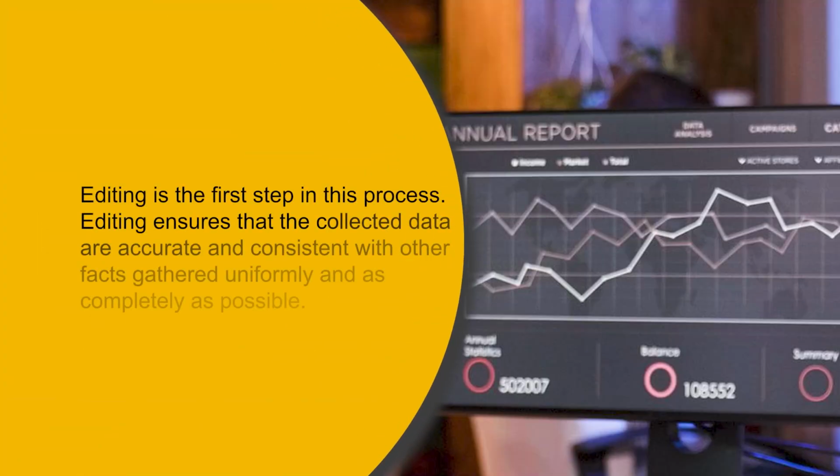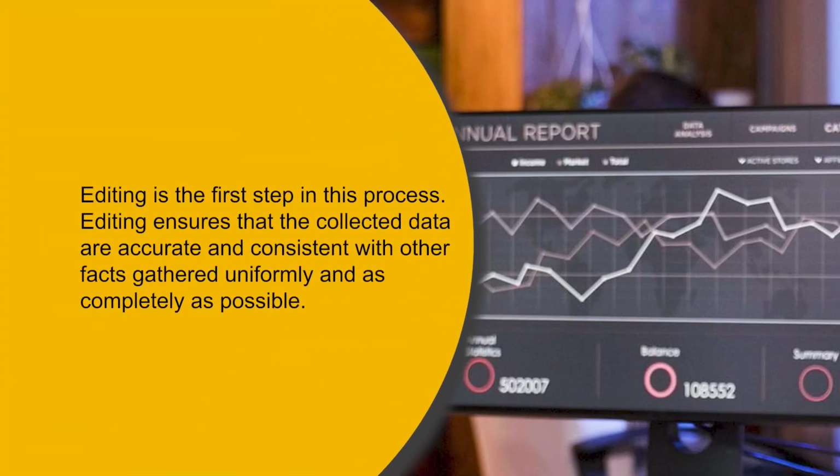So when the whole data collection is over, a final and thorough checkup is made for the data processing, and it is better if the data collected is verified even before the data analysis is carried out, right? This is how normally a scholar has to ensure that the collected data is always verified even before the data analysis is carried out, right? So editing is the first step in this process.